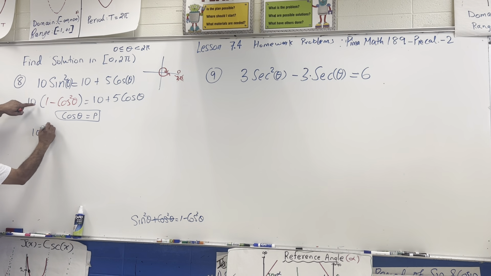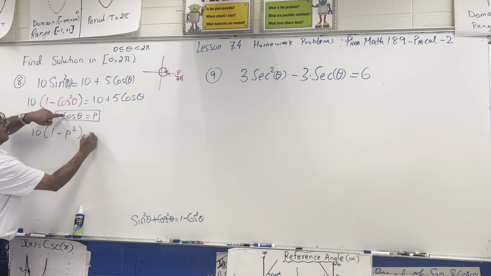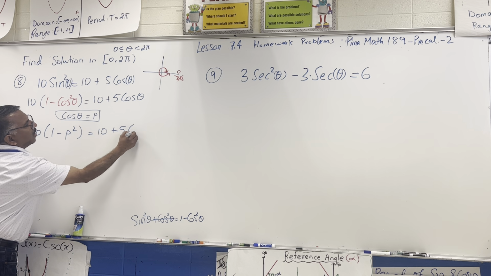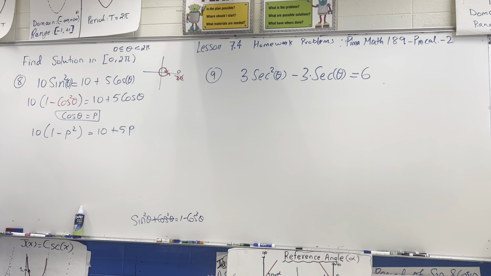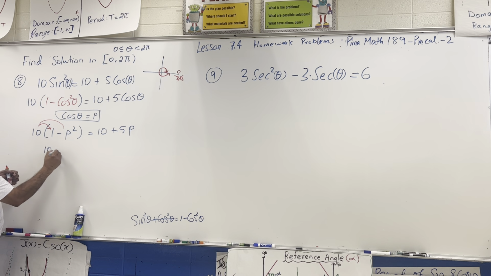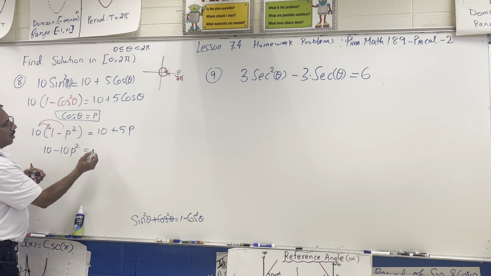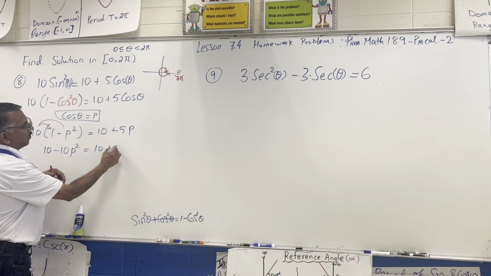This whole thing reduces to 1 minus p squared equals 10 plus 5p, and we solve for p. Use the distributive property: 10 minus 10p squared equals 10 plus 5p.